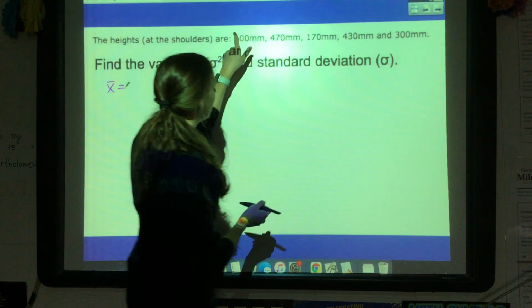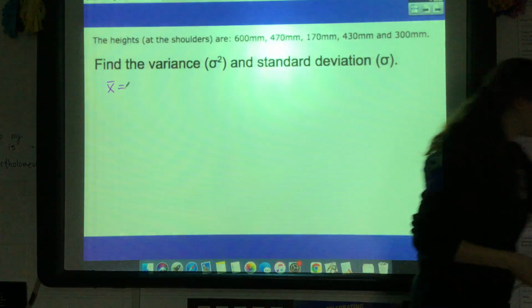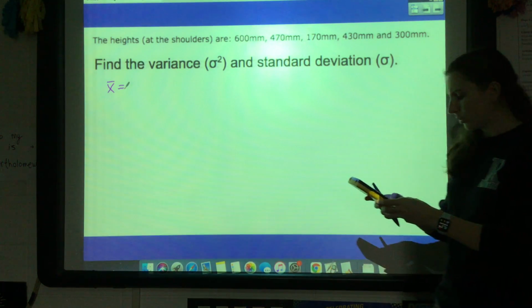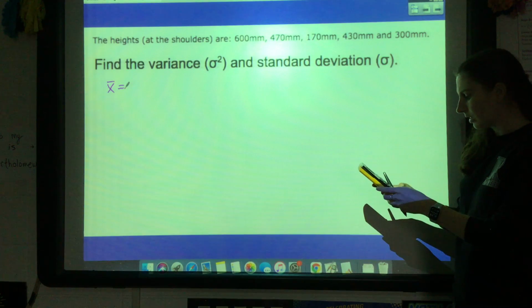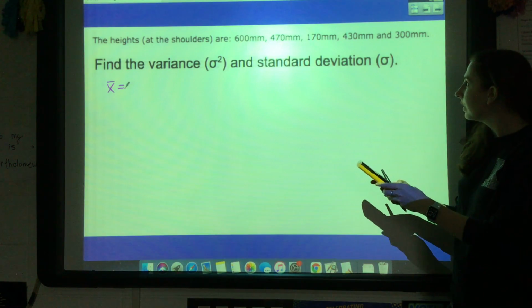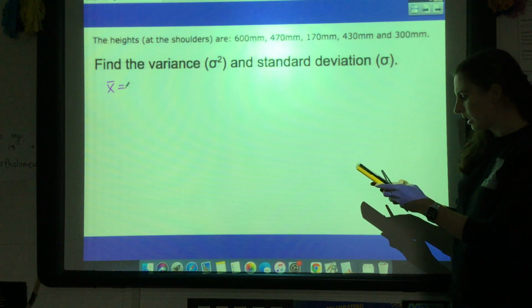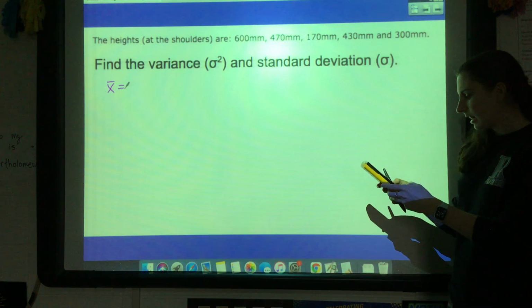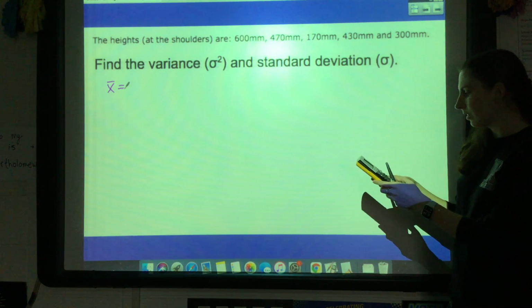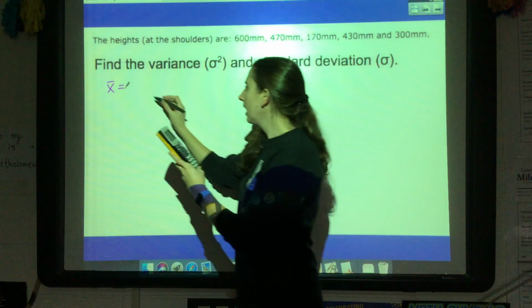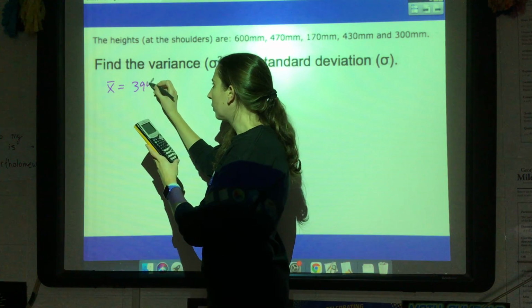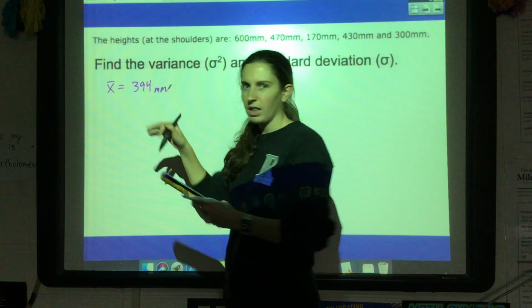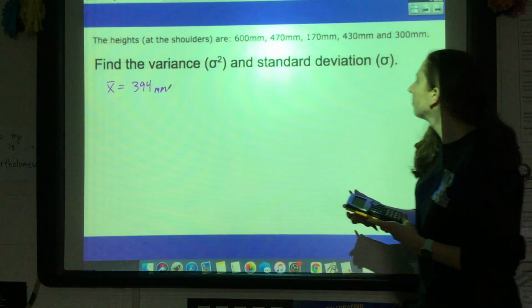So add them up and divide by 1, 2, 3, 4, 5. There are 5 of them. So do 600 plus 470 plus 170 plus 430 plus 300, and then divide by 5. So the mean is 394 millimeters. That's the middle of this data here.